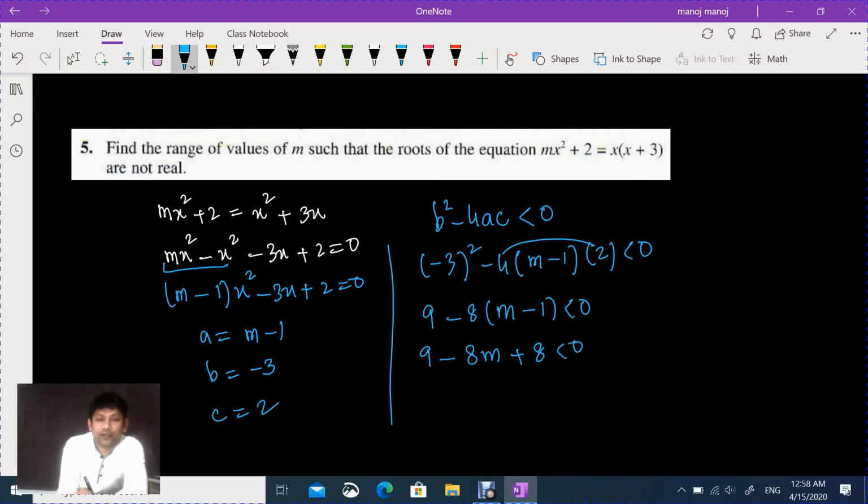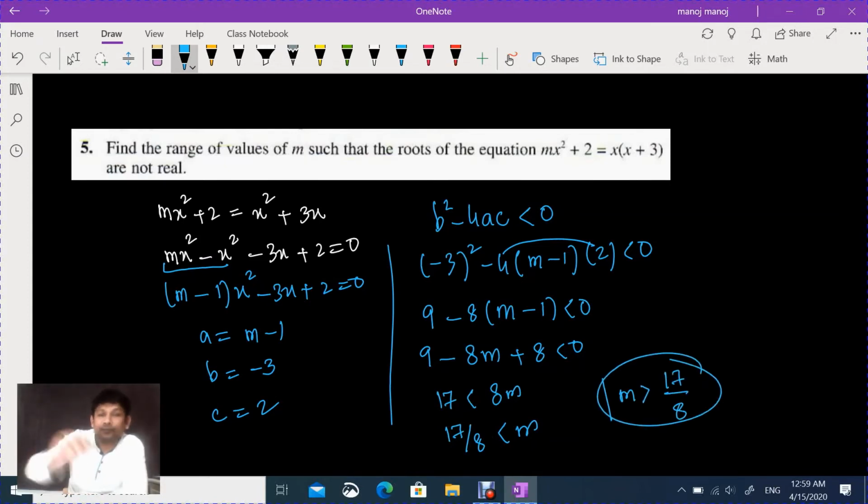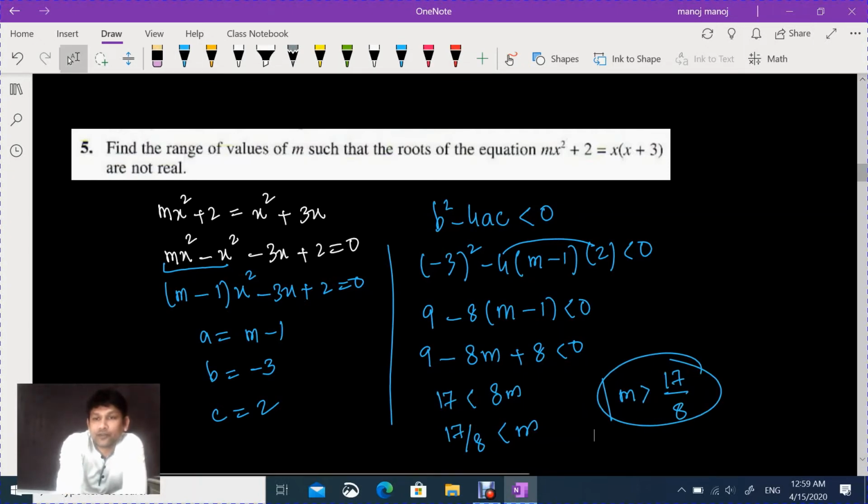Okay, this negative shifted to the right hand side, so it's coming 17 less than 8m. Divide by 8, 17 upon 8, and m has open mouth, so we can write m is greater than 17 upon 8, and that's your answer. Okay, let's see what's the next part.